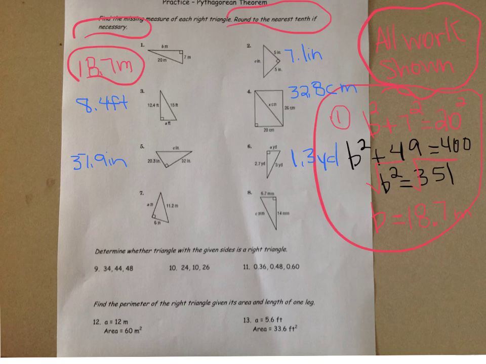Number 6, 1.3 yards. Number 7, 9.5 meters. Number 8, 15.5 meters. Number 9, no. Number 10, yes. Number 11, yes.